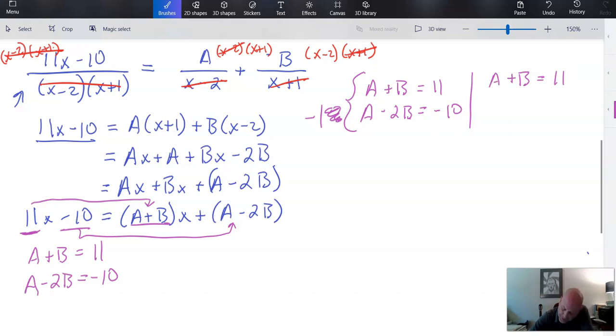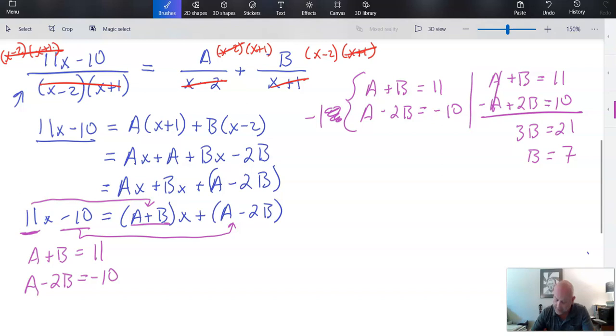We're going to multiply the bottom equation by negative 1, and this last one should be positive 10 now. And so if we add these together, A plus negative A cancels out. I get 3B equal to 21. And then if I divide by 3, I get that B is equal to 7.